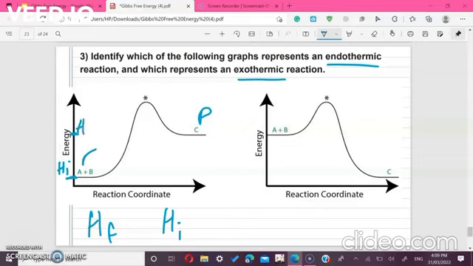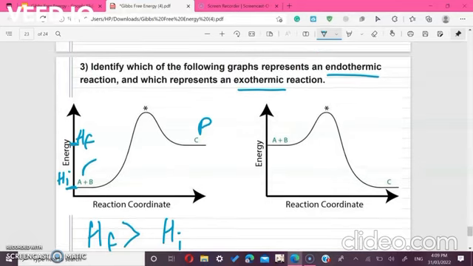This is the energy that we ended up with. As you can see, H final is greater than H initial, which means that the system gained energy. It didn't have a lot of energy at first, but then it gained energy. So this is an endothermic reaction.